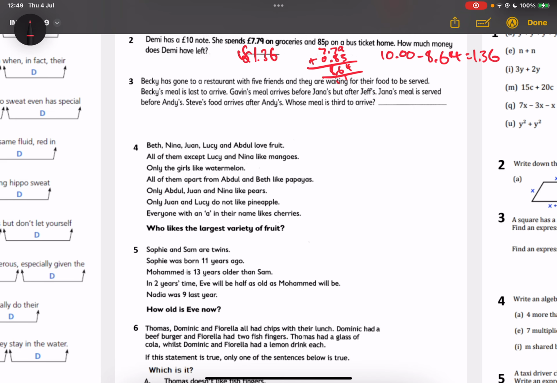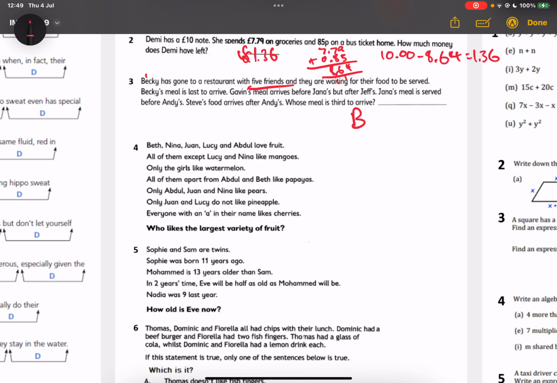3. Becky has gone to a restaurant with 5 friends, and they are waiting for their food to be served. Becky's meal is last to arrive. Gavin's meal arrives before Jana's, but after Jeff's. Jana's meal is served before Andy's, and Steve's food arrives after Andy's. So whose meal is third to arrive? First we know that Becky's is last to arrive, and that there's 5 friends.